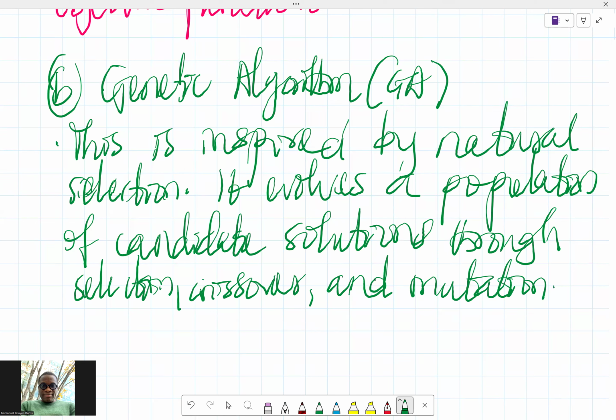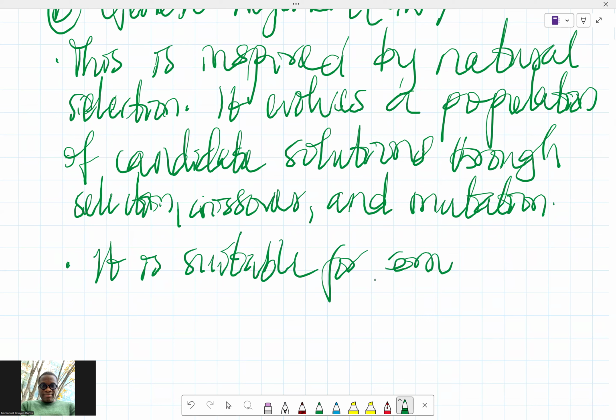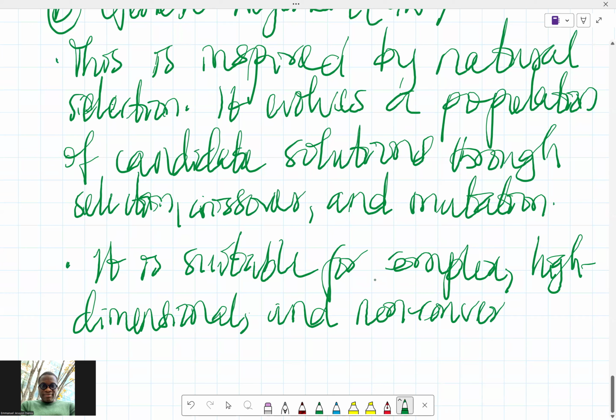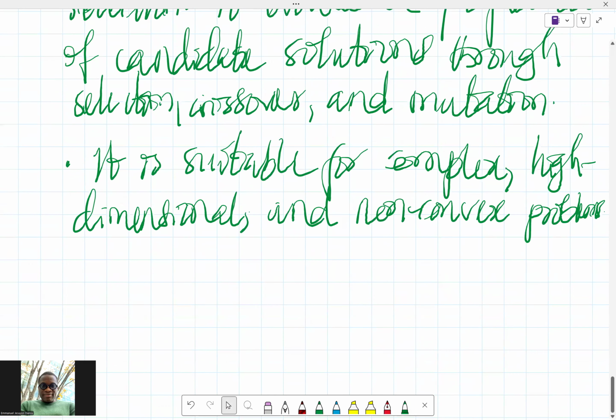That's the idea of the genetic algorithm. It is suitable for complex, high dimensional, and non-convex problems. Very soon you'll be introduced to the idea of convex problems. As we go on in this series, we are going to pick these methods one after the other and talk about them.